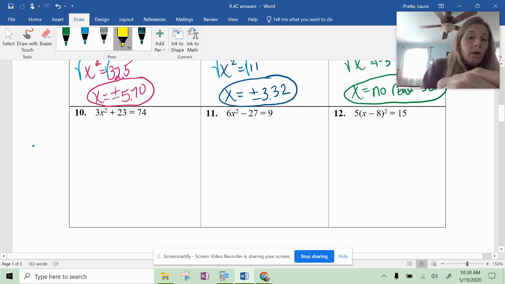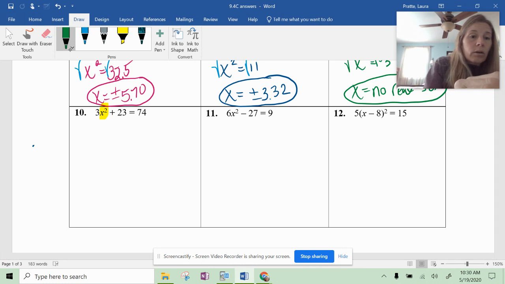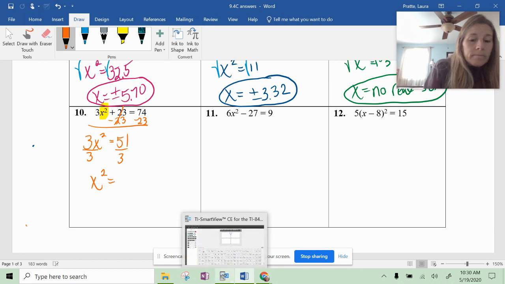All right, so number 10, we have the x squared, and we are going to get it by itself. So we're going to subtract the 23. So I have 3x squared equals, and this gives me 51. Dividing 51 by 3.